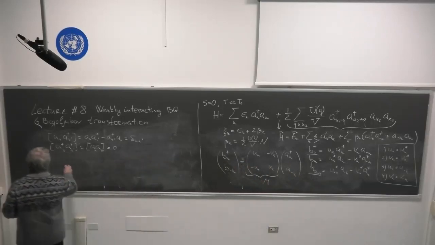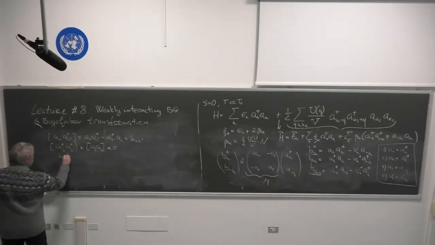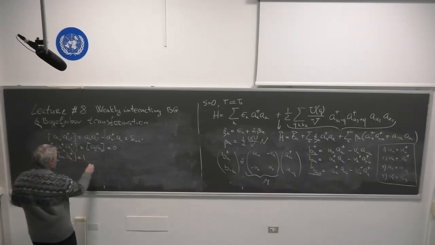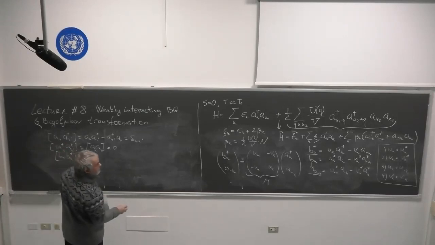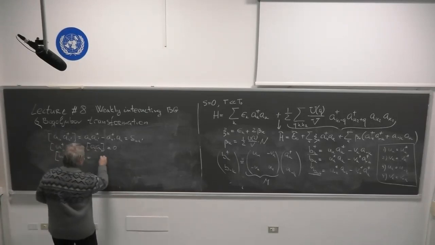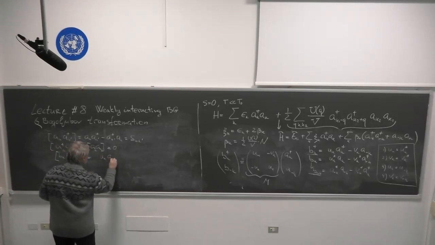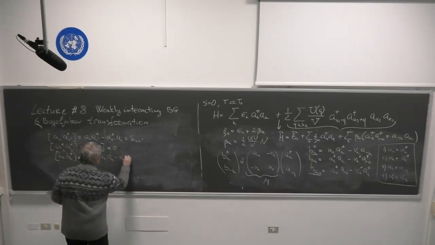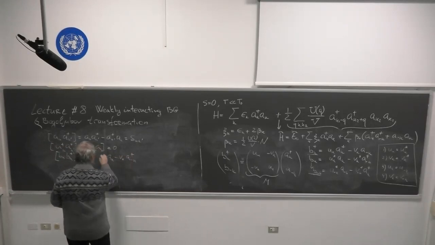So I request that the commutator of B k and B k dagger is equal to 1. I impose this condition. But what is this? B k is equal to u k A k minus v k A minus k dagger.